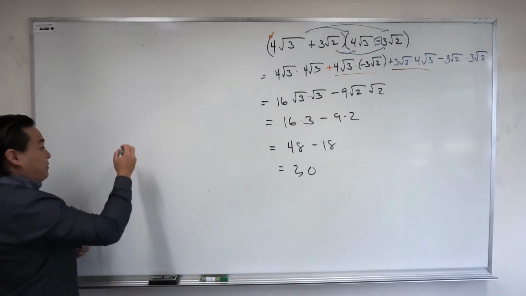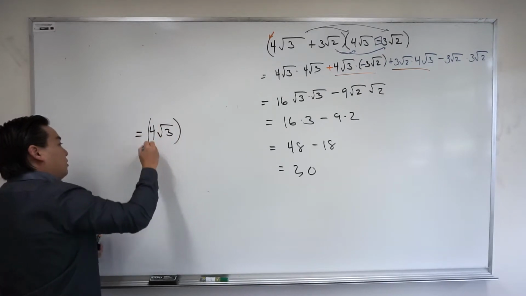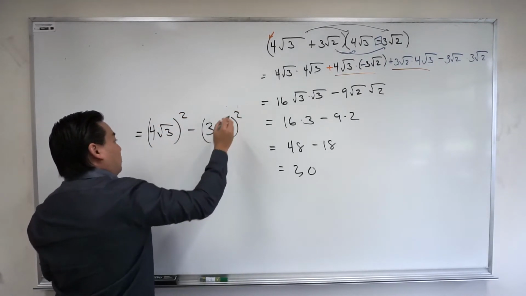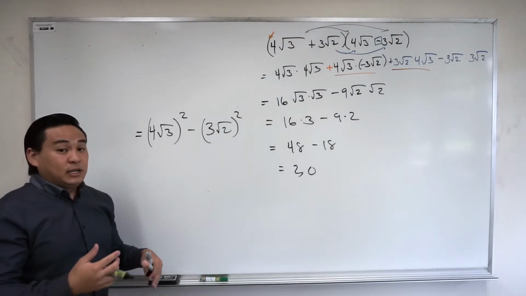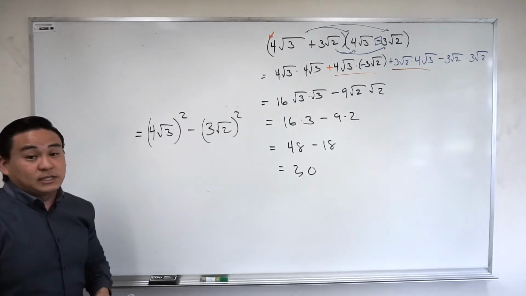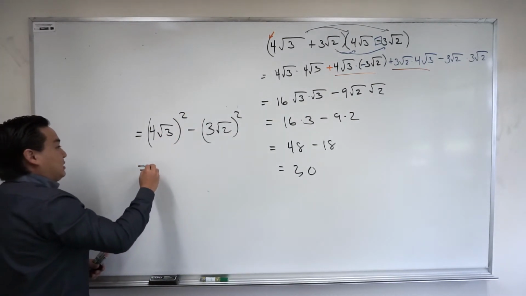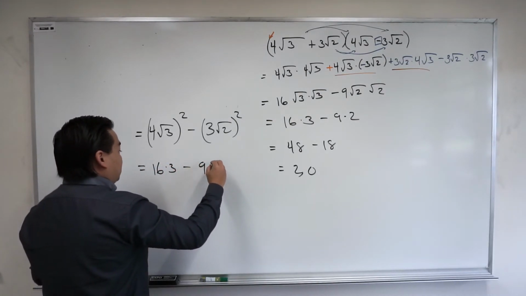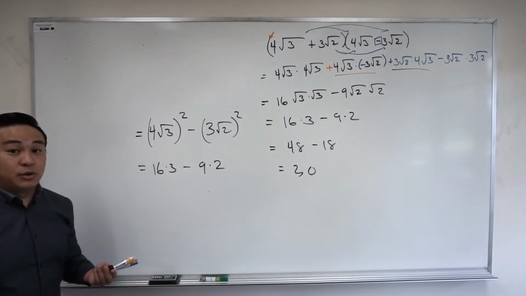So because it's a difference of squares, it's really this. Because the difference of squares says the first one squared minus the second one squared is equal to plus or minus in the middle of both of them. So this right here, you can already see is going to give you the 16 times 3 minus 9 times 2, which is the same answer that we got over there, so it'll be also 30.